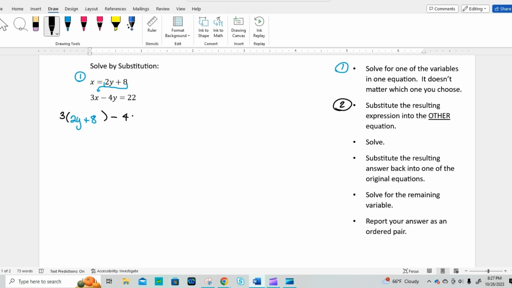So I have minus 4y is equal to 22. Okay, so that's my new equation: 3 parentheses 2y plus 8 minus 4y is equal to 22. So now I can begin to solve.